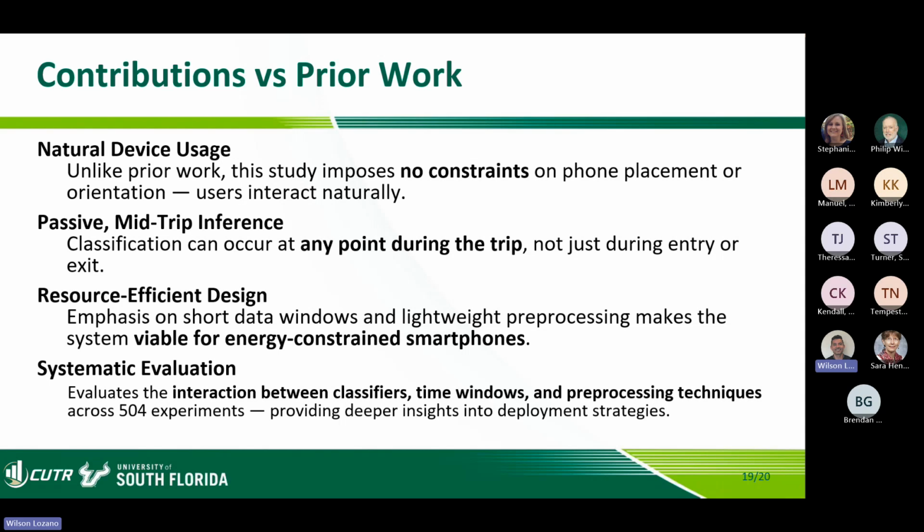Passive mid-trip inference: classification can occur at any point during the trip, not just during the entry or the exit. Resource-efficient design: emphasis on short data windows and lightweight preprocessing makes the system viable for energy-constrained smartphones. And systematic evaluation: we evaluate the interaction between different classifiers, different time windows, and different preprocessing techniques across 504 experiments, which provides insight into deployment strategies.